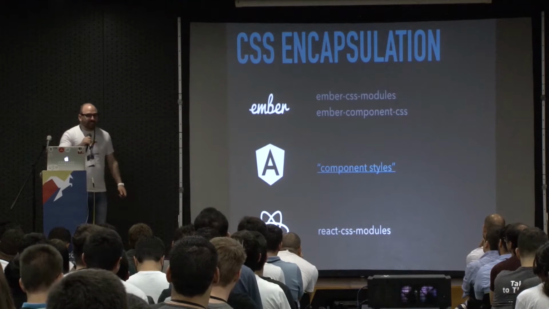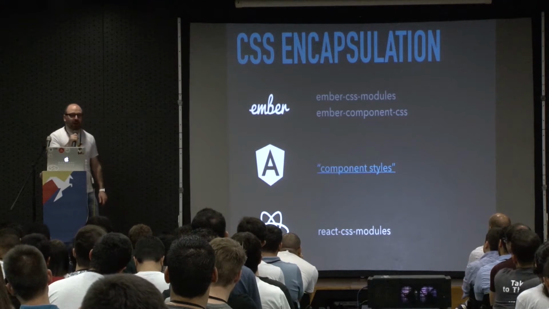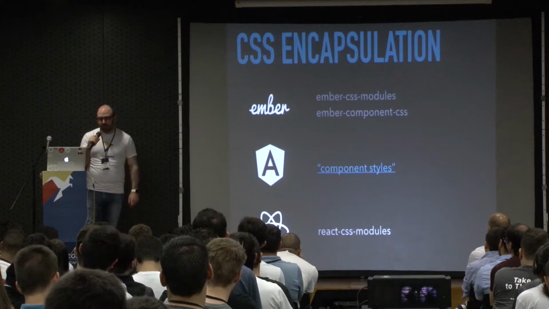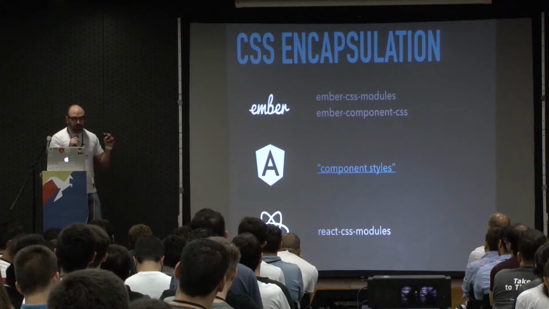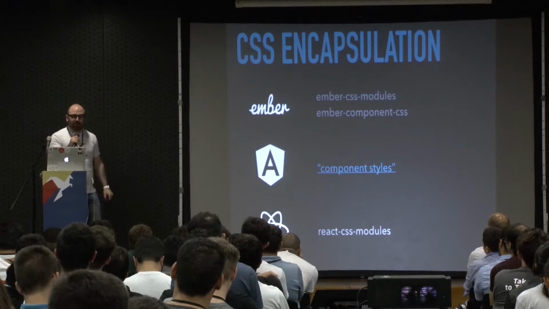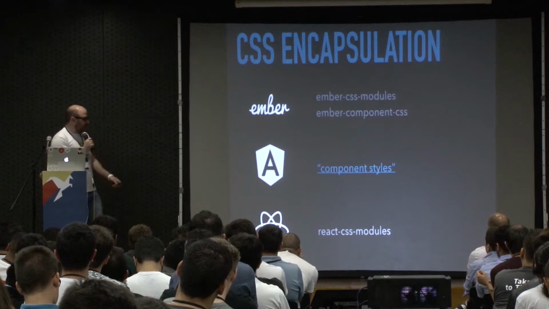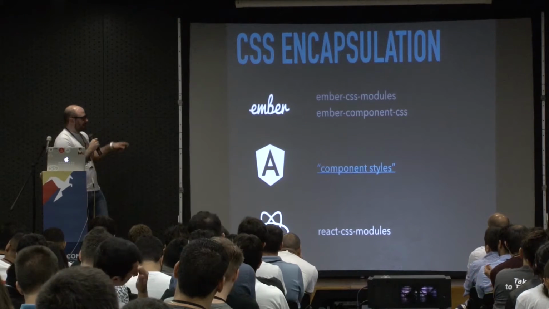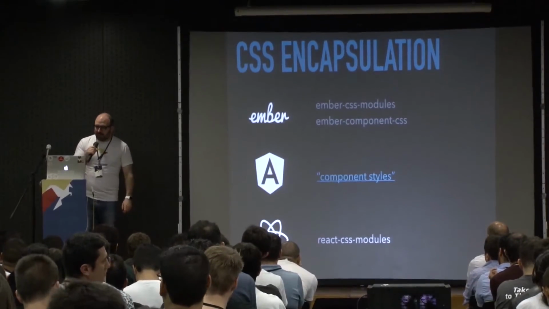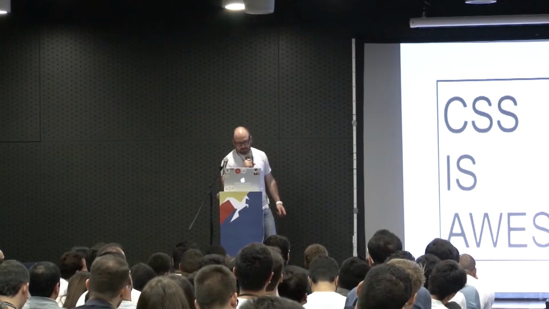Angular, because it's newer and because they have the advantage of working with the Polymer and the Chrome team, is able to align a little bit more closely with web standards, and so they use component styles, which means they can actually use this shadow pseudo selector, and they can use the host pseudo selector right out of the box. And React CSS modules work similarly to what I just described in Ember, but with React. You probably don't need any of these anyway, because as we all know, CSS is awesome.